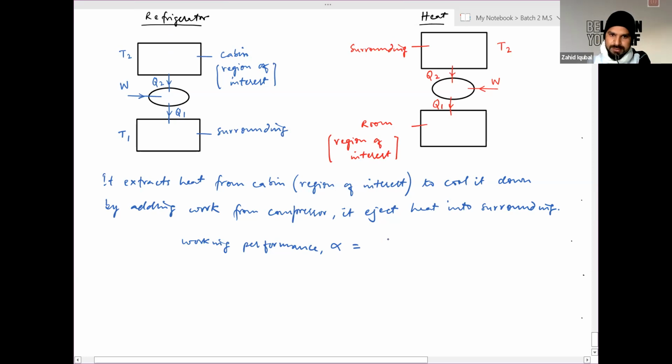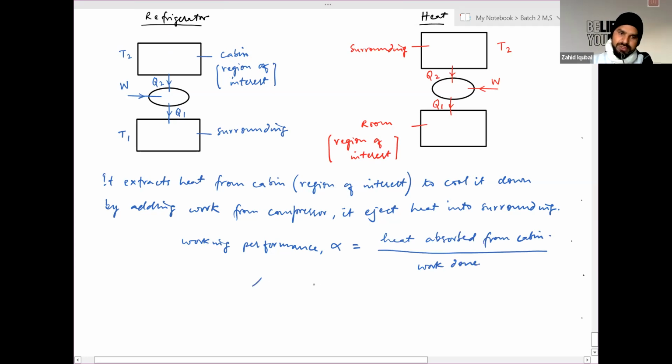So it will be termed as heat absorbed from the cabin to the work done by the compressor. So alpha equals heat absorbed Q2 divided by work done Q1 minus Q2. If you convert this in terms of temperature, it will be T2 divided by T1 minus T2. Shravya, is it clear? Yes, sir.